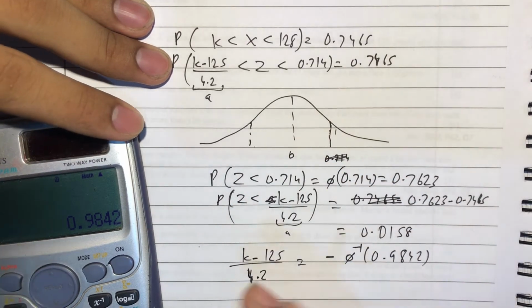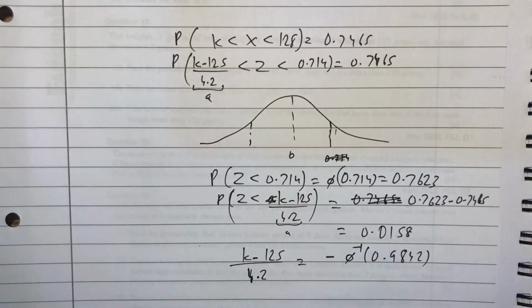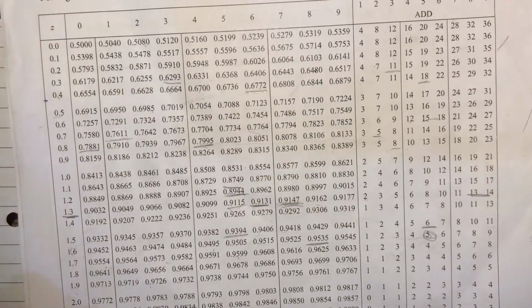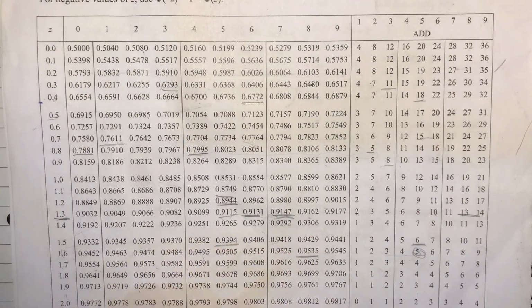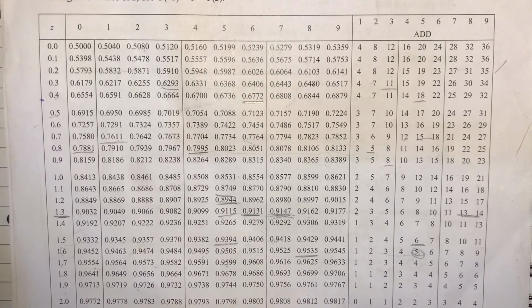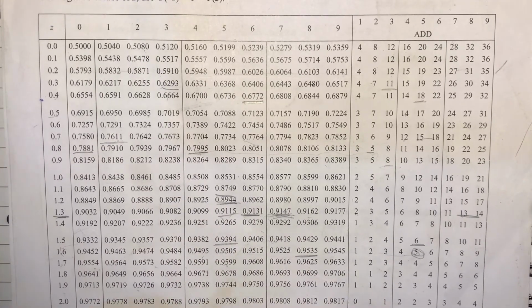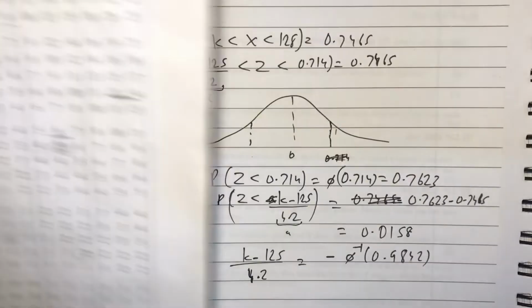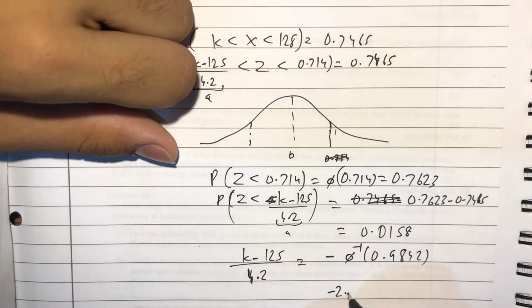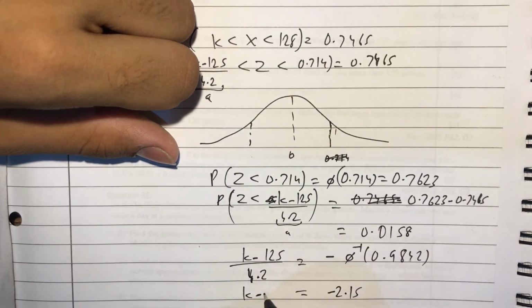So negative phi inverse 0.9842. 0.9842 is over here, 2.15. So negative 2.15 equals k minus 125 upon 4.2.